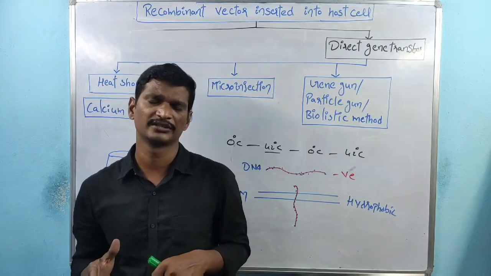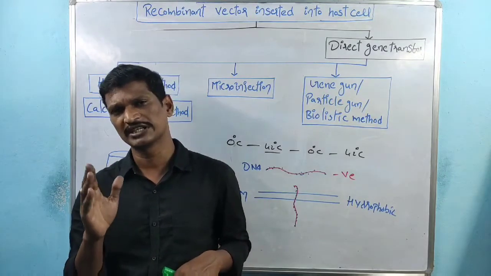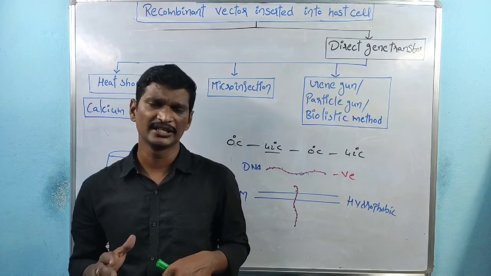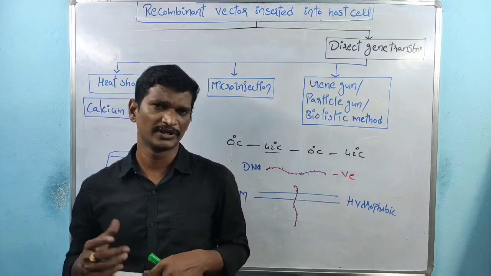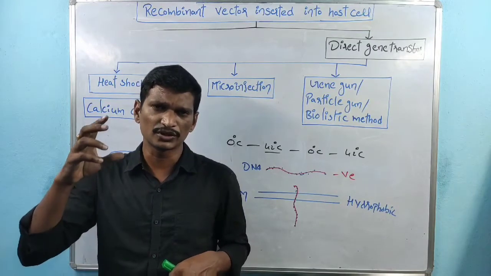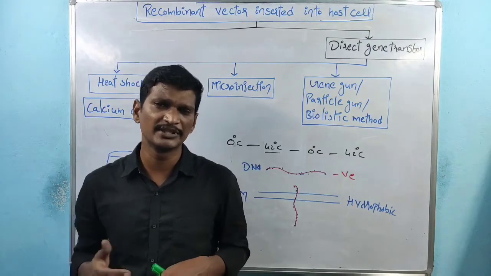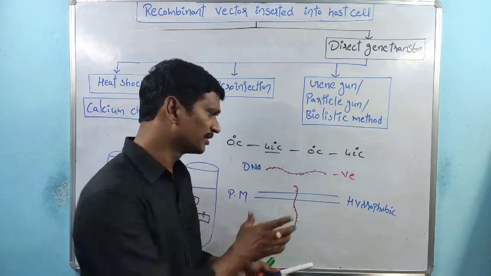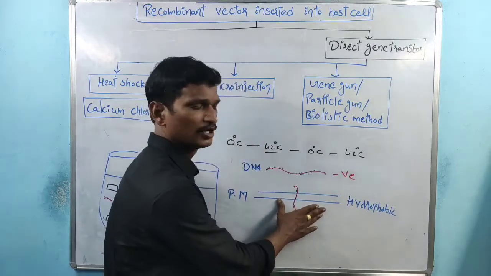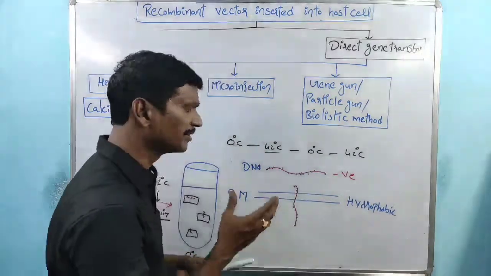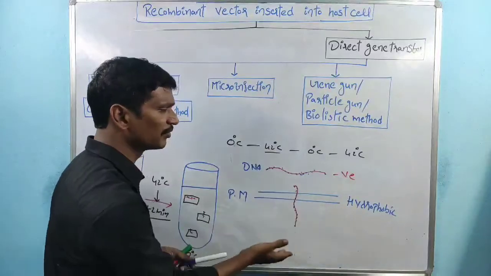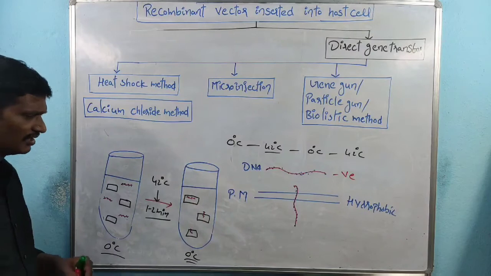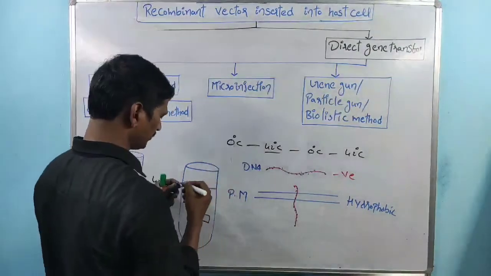During the shock state, the plasma membrane is unable to maintain selective permeability, because the permeability of the plasma membrane is increased. So if the plasma membrane is in shock condition, permeability is more, and the DNA molecules easily cross the plasma membrane.